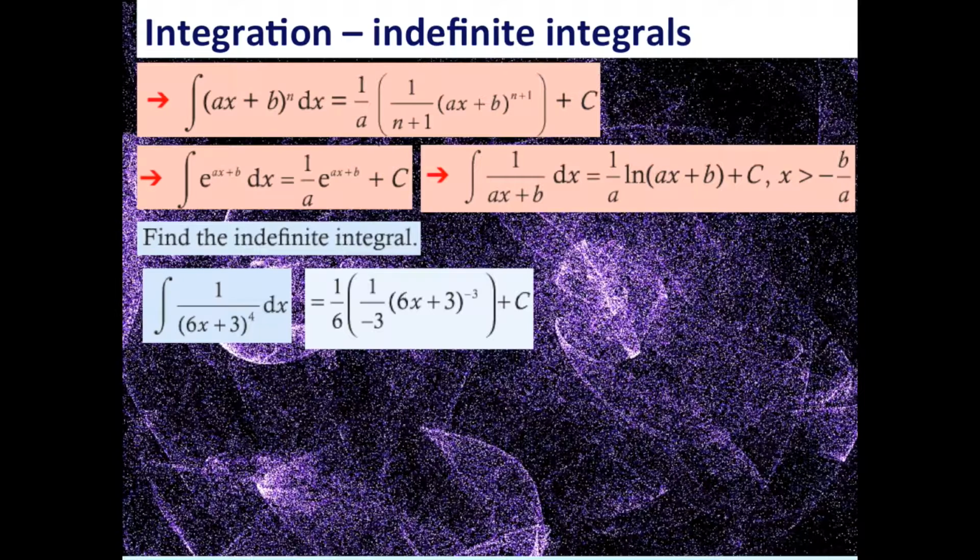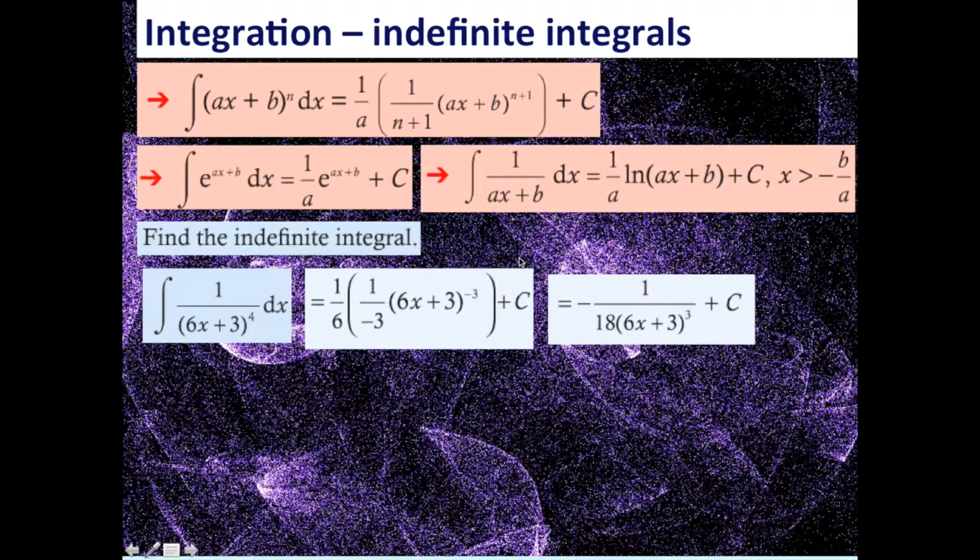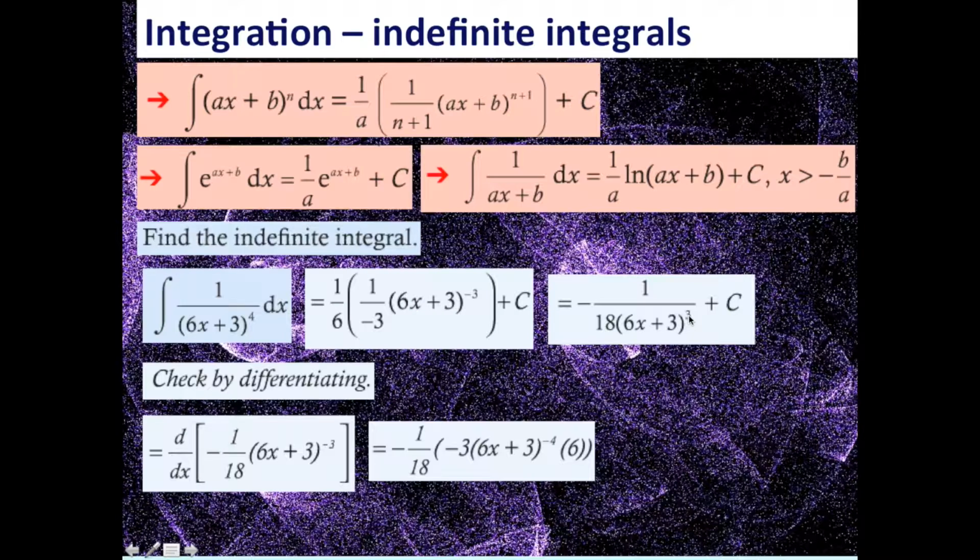So for this one, we can use our first rule. If we substitute in the values, we end up with negative 1 over 18 times 6x plus 3 to the power 3 plus c, and we can check by finding the derivative. Now, if I'm trying to think this through intuitively, I'm trying to find the integral of 1 over a function. So I know that that's going to incorporate ln times the function, so that's going to incorporate ln 2x plus 3.